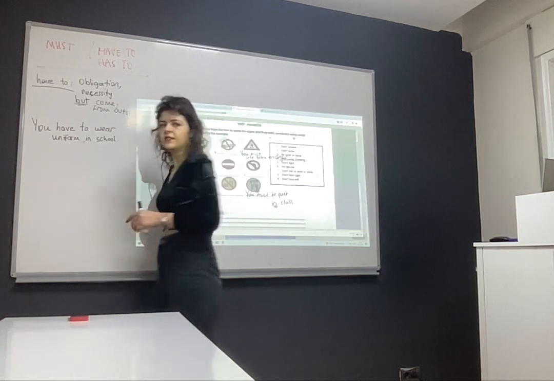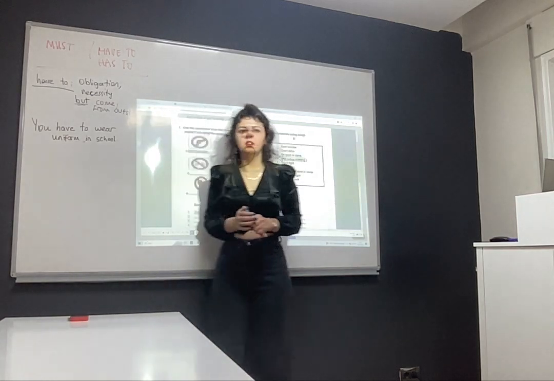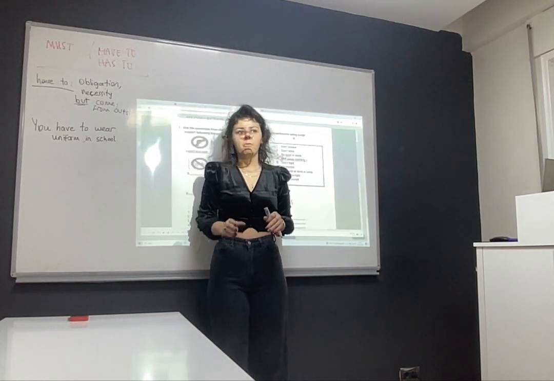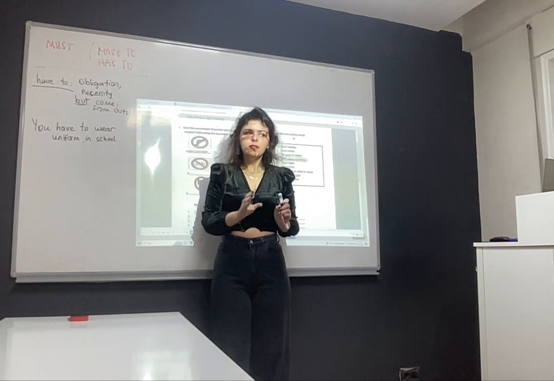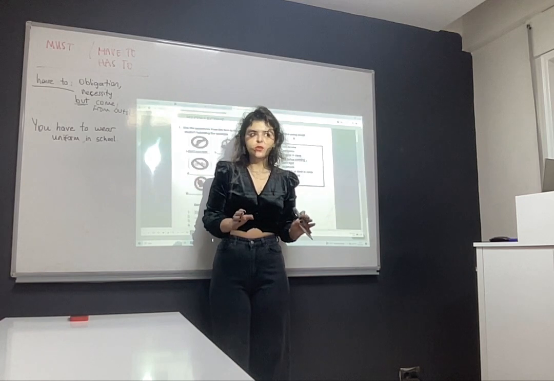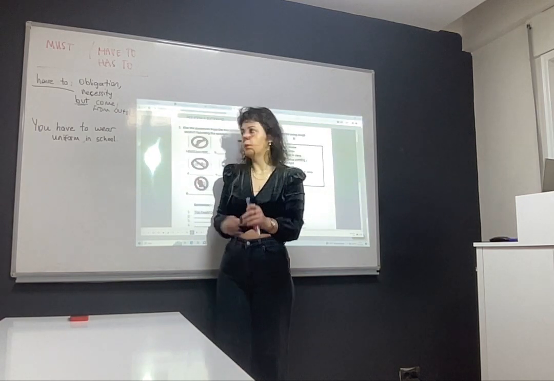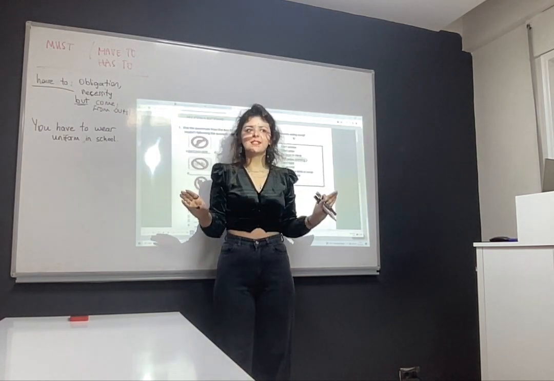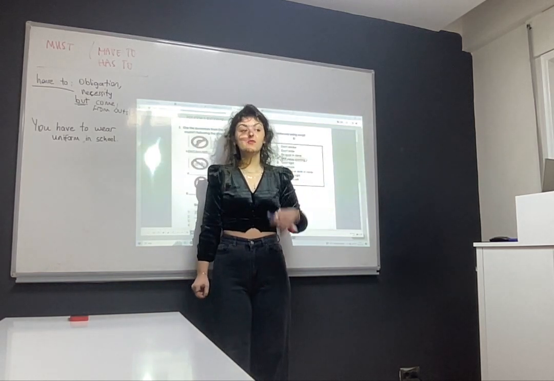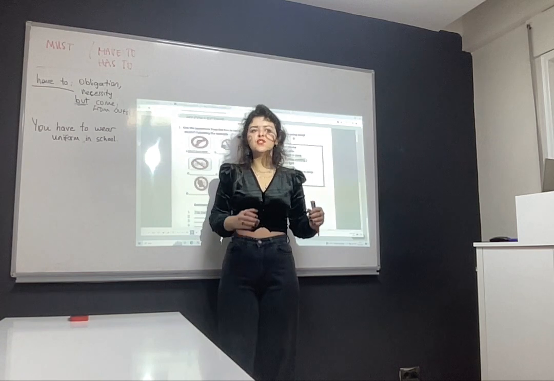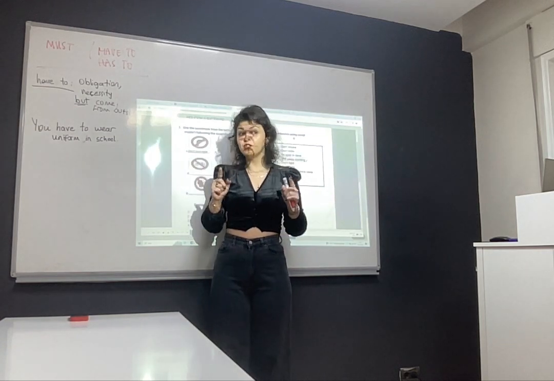This is not our own obligation. Like must, I said to you before, if you want, you don't do it, but it would be better if you do. But here, no choice, because the obligation comes from outside. So we have to do that, okay?